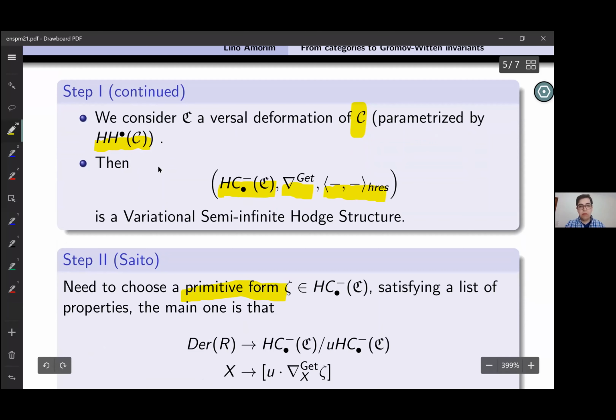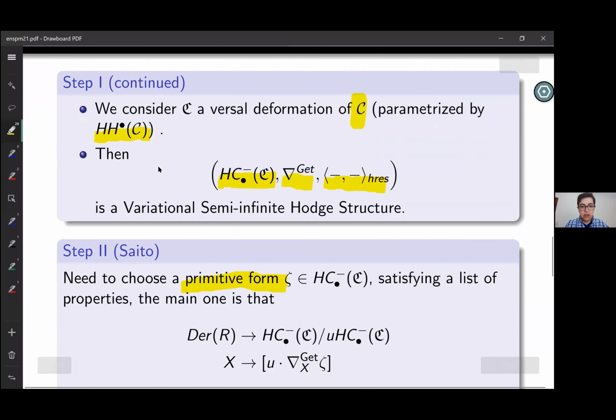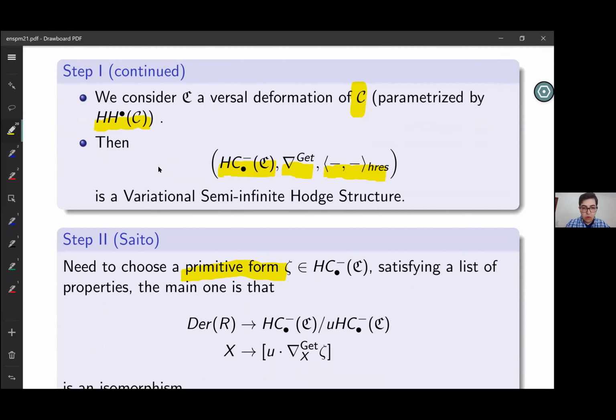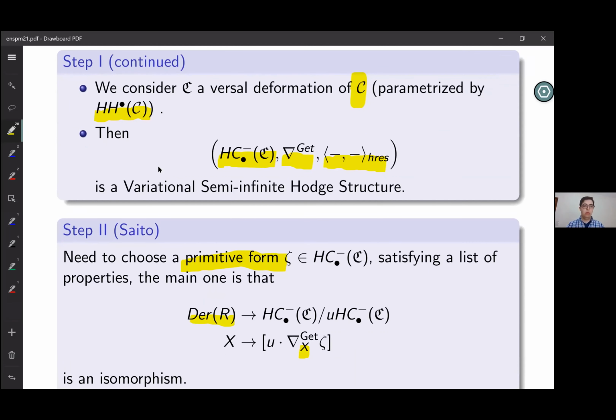A primitive form is just an element of this negative cyclic homology that has a long list of properties that is very hard to state, but the main idea is that when you differentiate it using the connection, in the direction of all vector fields, you should think of this as the tangent space to the base of our deformation. We get an isomorphism. So we get basically the entire cohomology or homology. And then there's a long list of properties that we need.